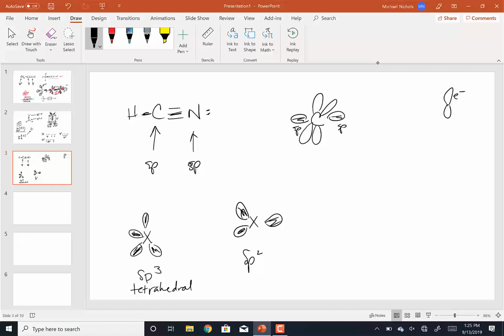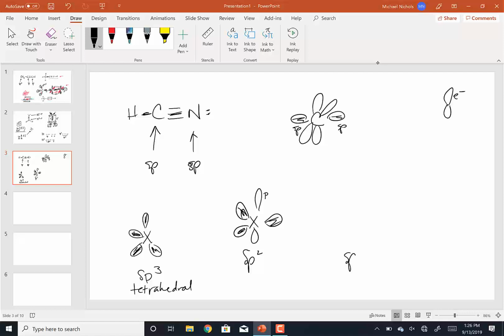Non-hybridized p. Now, that unhybridized p is 2 lobes. I got 3. So that means I have to have a grand total of 5. 5 clouds, 5 balloons of electron density around the atom is going to be what geometry? Trigonal bipyramidal. So the p orbital has to go there. Okay. So that's the unhybridized p.